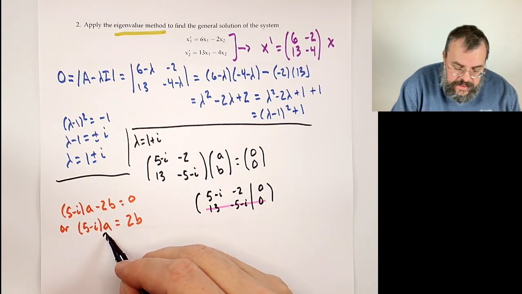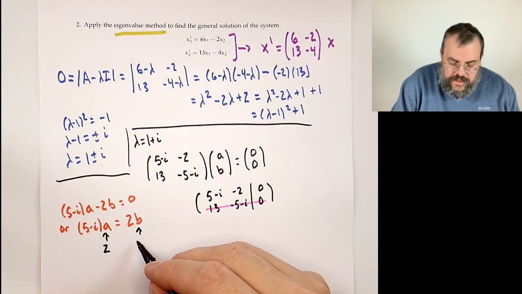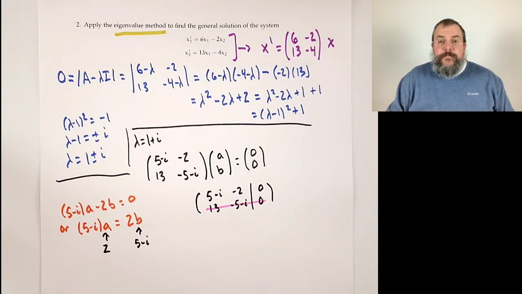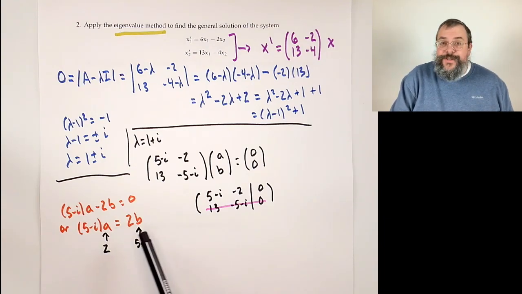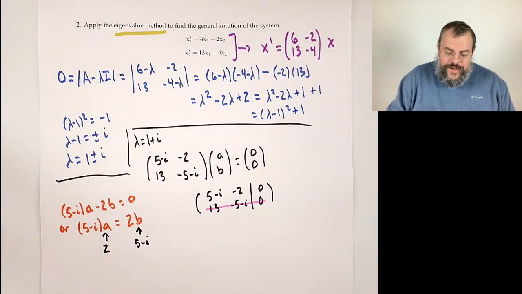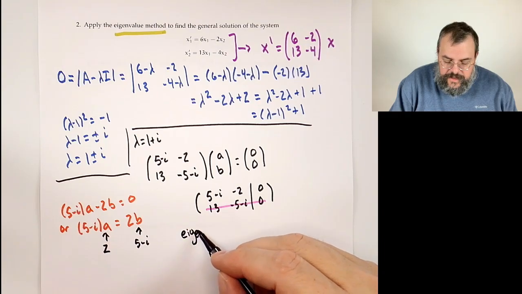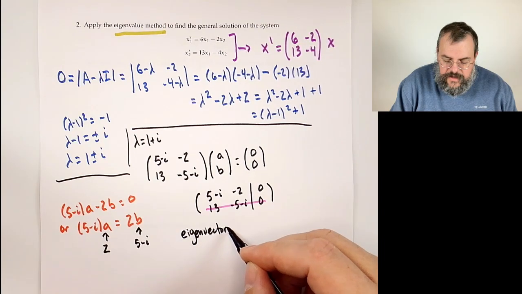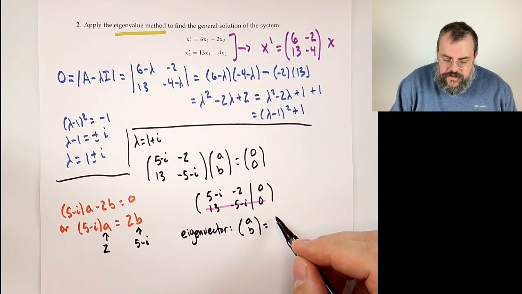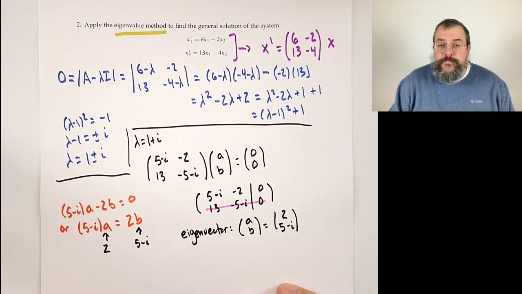We'll let A be 2, and we'll let B be 5 minus I. And if we do that, the equation holds, and life is good. And so we see that we have an eigenvector that has the following. Namely, our AB, we can pick it to be 2, 5 minus I.